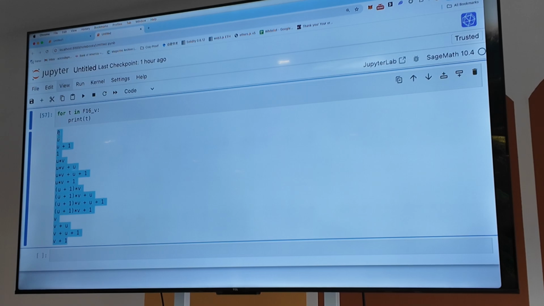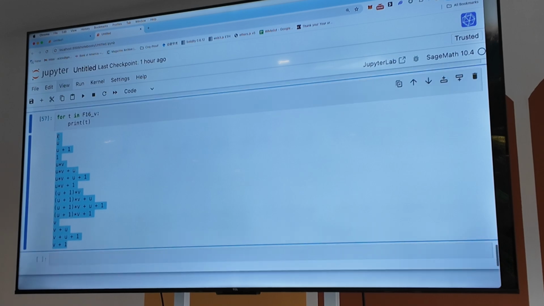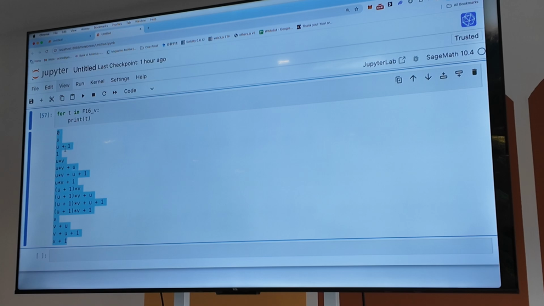If you're interested, I leave it as homework for you to define isomorphic maps between all three of those. But now we can see the first four elements are exactly the elements of F4. Now we just found a natural way to embed a small field into a big field.